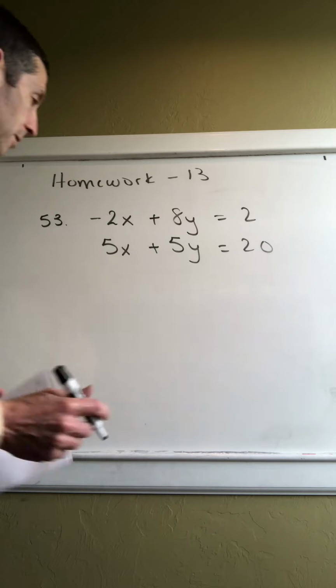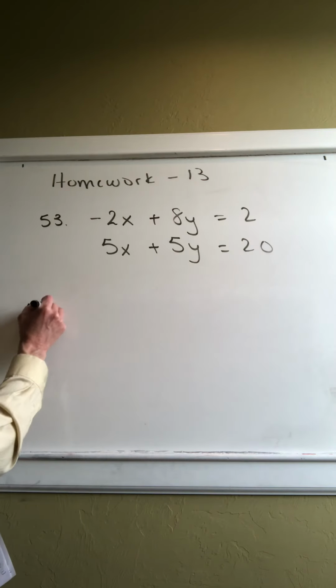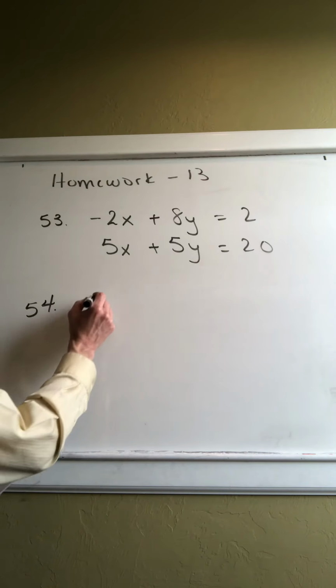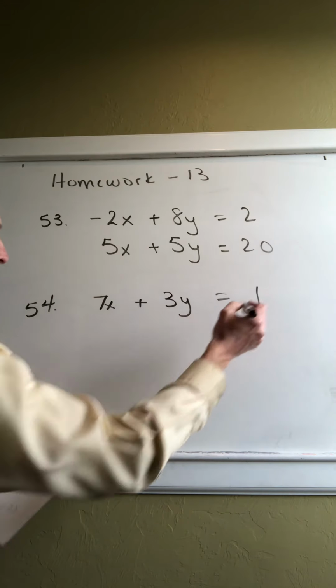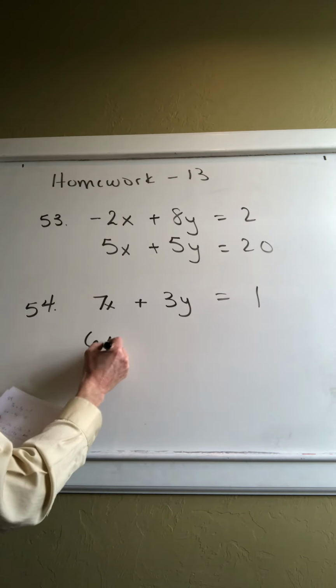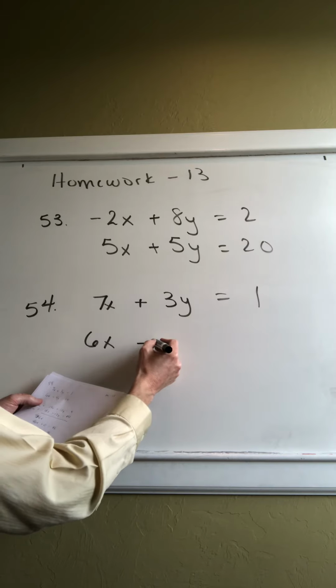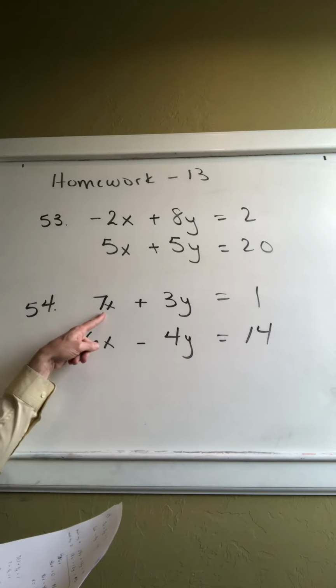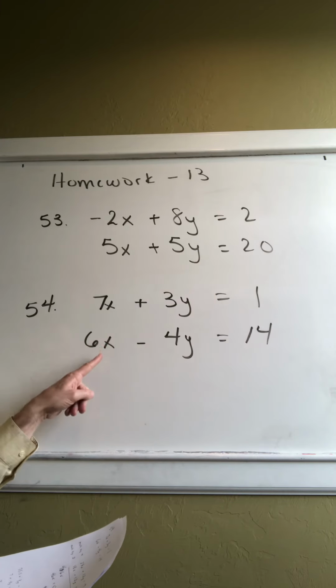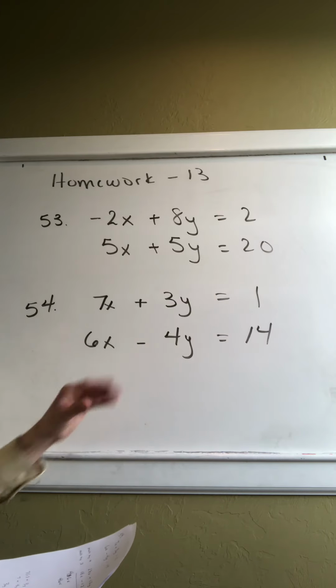Let's get 54. So 7x plus 3y equals 1. 6x minus 4y equals 14. Let's check this one. 7x, 3y, 1. 6x, 4y, 14. That's correct.